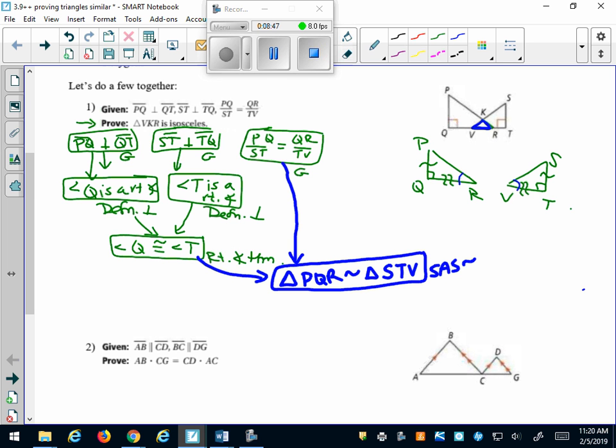So, if we go with the idea of saying angle R is congruent to angle V, just because those triangles are similar means that all of the corresponding angles have to be congruent. So this is going to be, like you said, definition of similar triangles, just like we did definition of congruent triangles before.